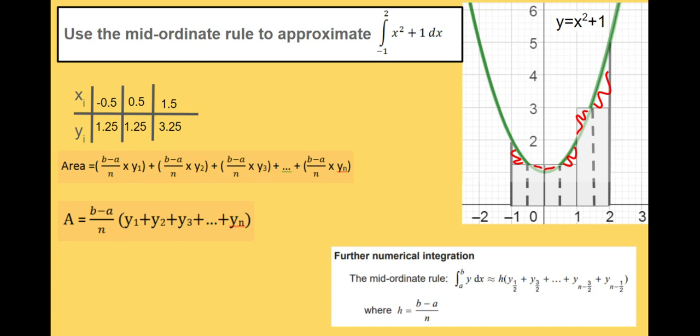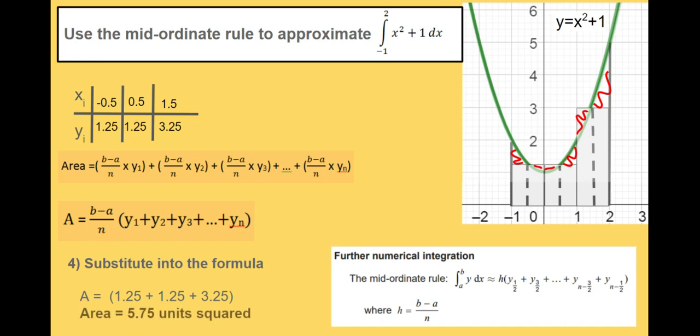A little bit different, but virtually the same. So once we've got our y ordinates and we know the width of the strips, we can simply substitute these values into the formula. So for our area, the width is 1, so it's 1 times the sum of the y values. Our area is 5.75. Final answer.